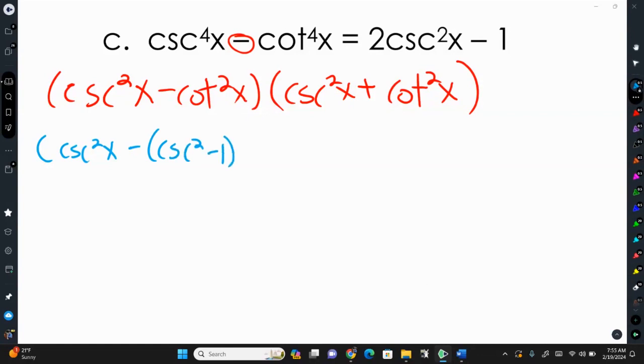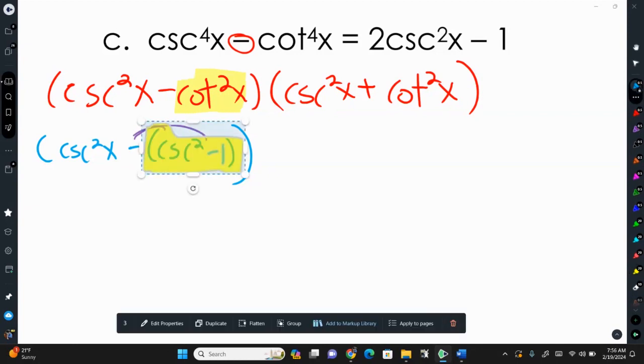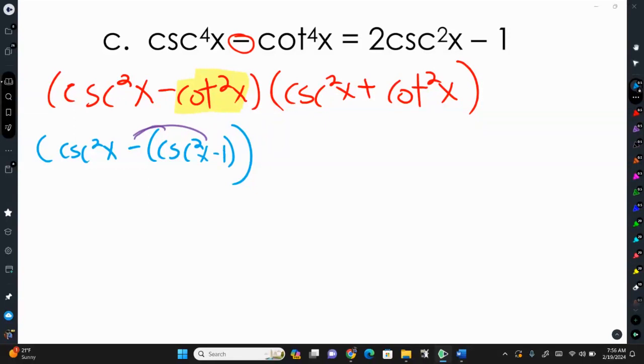Now notice I put parentheses around the cosecant squared minus 1 because this negative sign will have to be distributed in. Normally I don't like to do this, but I have to get rid of my cotangents into cosecants, so we have to distribute this negative because it's minus cotangent squared, and cotangent squared is equal to cosecant squared minus 1. That's why we have the parentheses there.